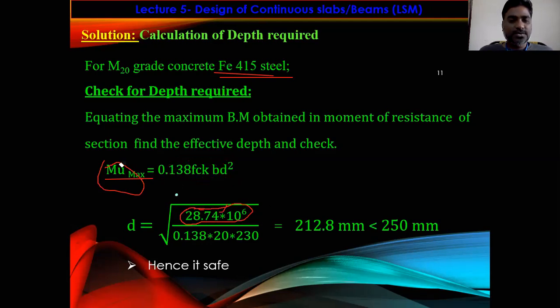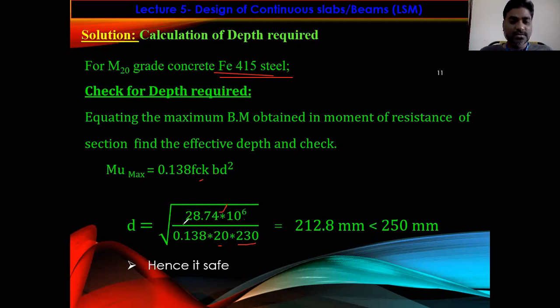If you substitute the values, this is 28.74 into 10 power 6, converted from kilonewton meter into Newton millimeter, by 0.138 into fck is 20, and b is 230.